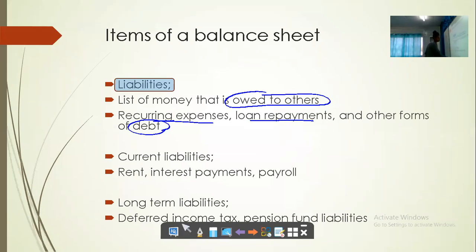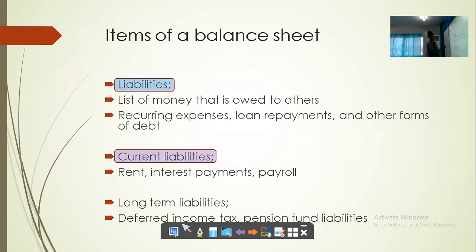We have first current liabilities. Examples of these are debts that the business must pay within a year or less than a year. And then long-term liabilities are the debts that a business must pay that exceed a year.